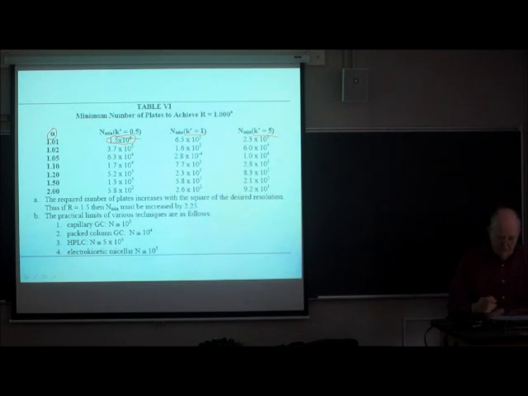If the k prime is somewhat bigger, if it's 1, gee, the number of plates needed drops by almost a factor of 2, down to a mere 650,000 plates. And if you jack the k prime all the way up to 5, the number of plates drops to 230,000.